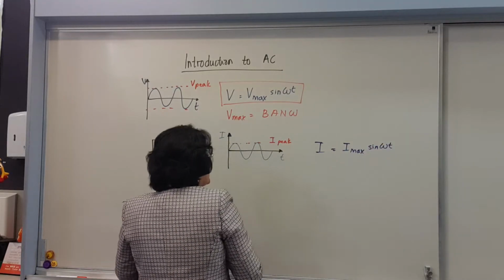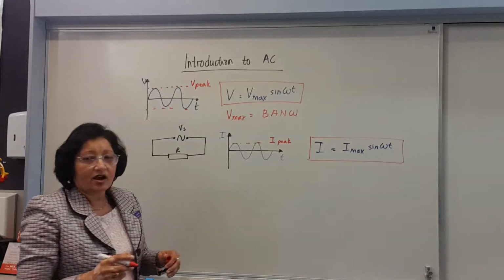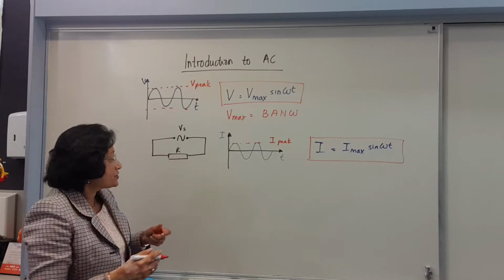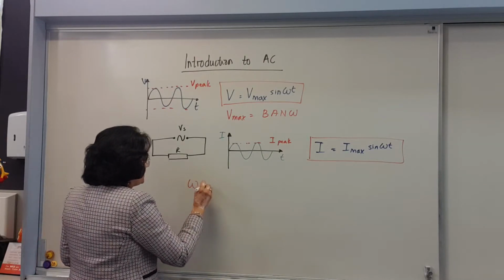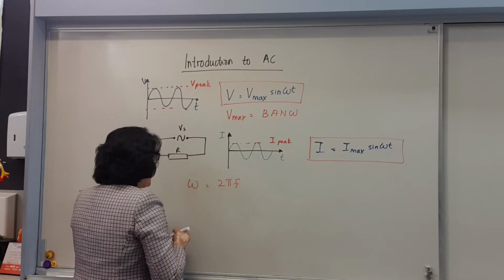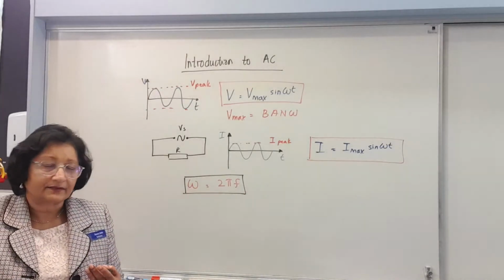Now you notice the letter omega figures quite prominently in AC because the thing is going back and forth, or the coil is spinning. So how do you get this omega depends on the frequency, and omega is given by 2 pi f. So frequency is an important thing about AC.